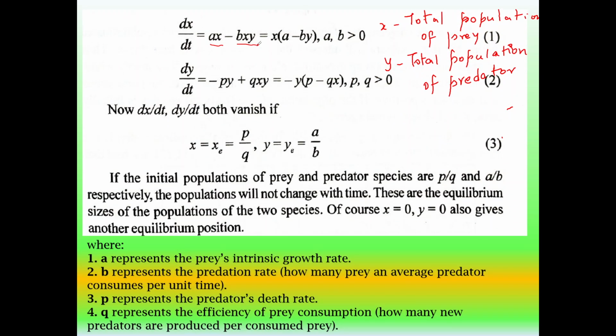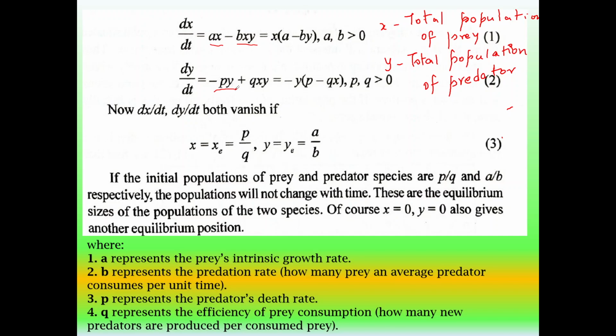So there we can consider minus py, that means the total population of the predator y multiplied with the predator's death rate. As it is the quantity where the predator count is decreased, we need to assign here a negative sign. So minus py is considered.